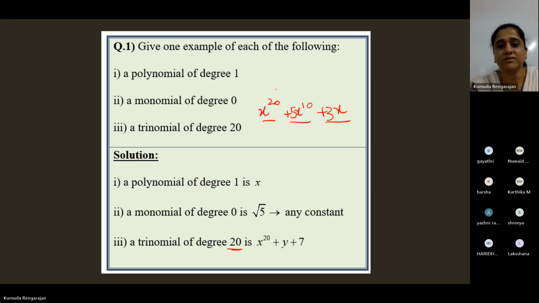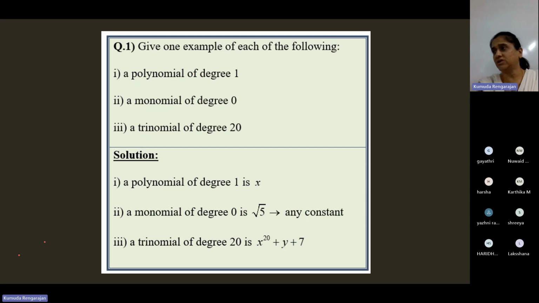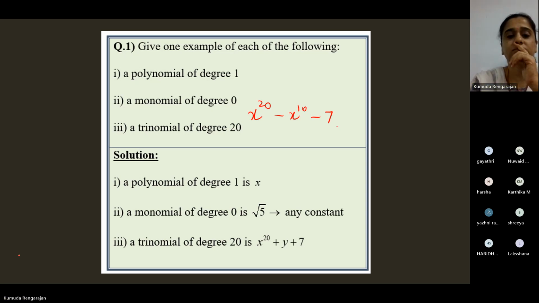Because here the power is 20, here the power is 10, here the power is 1, the highest power is 20. So the degree is 20. So you must take care of the conditions given. If they want you to give an example in only one variable x, then you can write something like this. A trinomial of degree 20 in only one variable x.